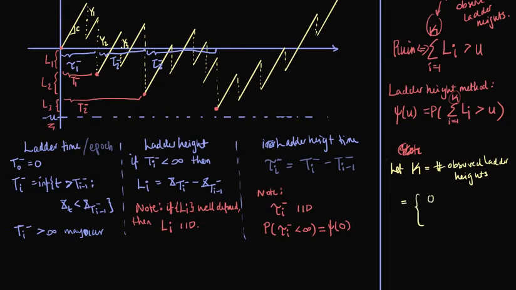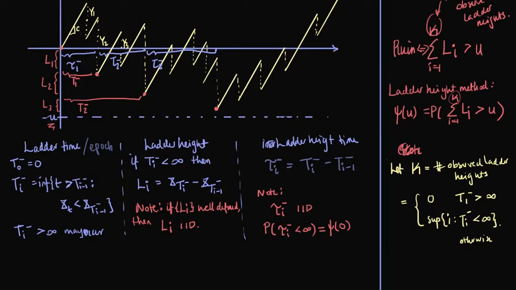They say that K is equal to 0 if the first ladder time never occurs, if the first ladder time is infinite, and otherwise K is equal to the greatest i for which the ith ladder time is observed. I may be paraphrasing the definition here, but that is what is in the exercise.